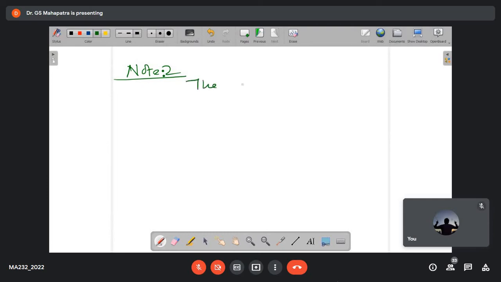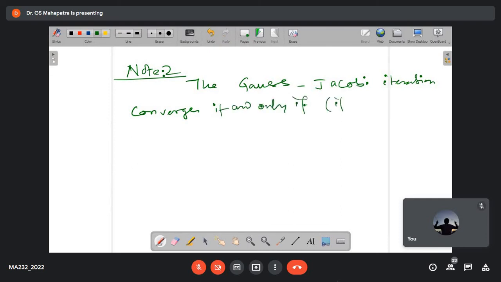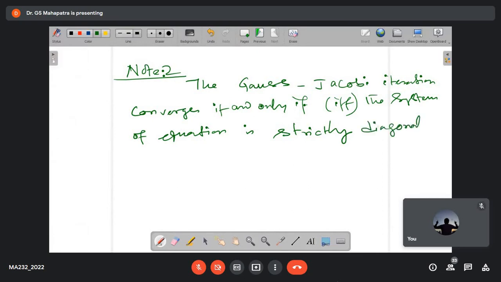The Gauss-Jacobi iterative formula, iteration, converges if and only if the system of equations is strictly diagonally dominant.